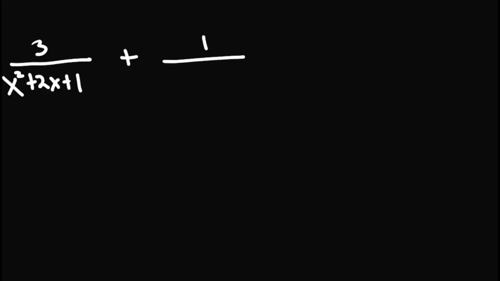So let's have this one last example. Let's have 3 over (x squared plus 2x plus 1) plus 1 all over (x squared plus 3x plus 2). For this one, to know what to multiply, observe that this one out here is a perfect square trinomial.